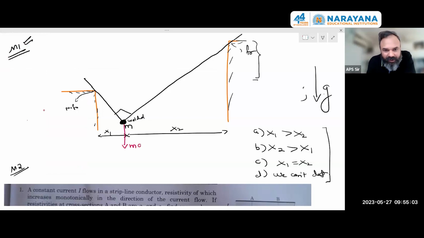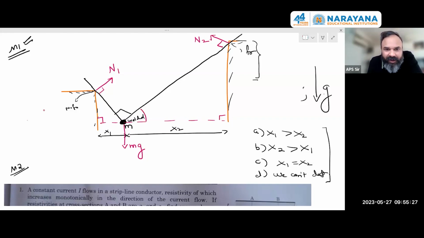Somebody can say mg will act here, sir. There will be a normal reaction, so let me write N1. This is 90. There will be a normal reaction here, let me write N2, 90. By absolute basics, a student will say, sir, I will form this triangle, and this is 90, this is 90. Let him take some angles here.